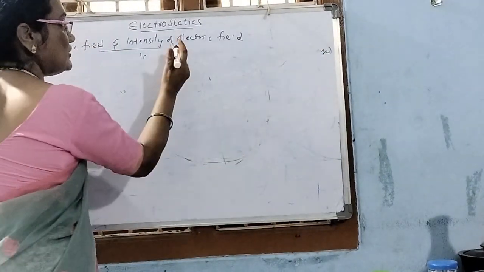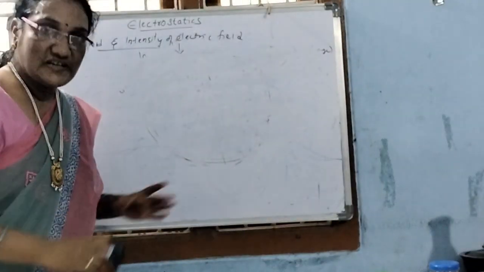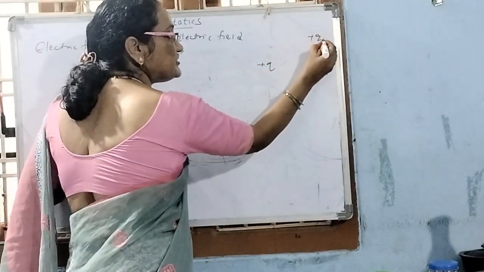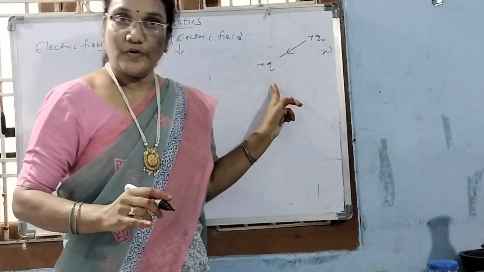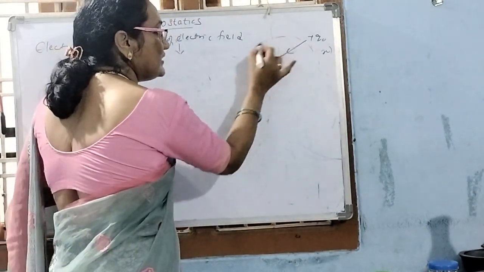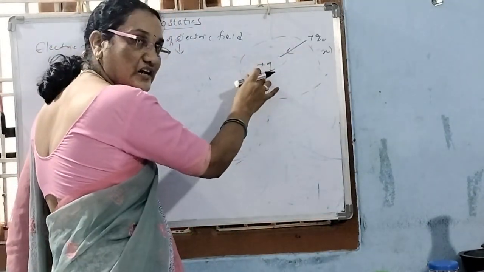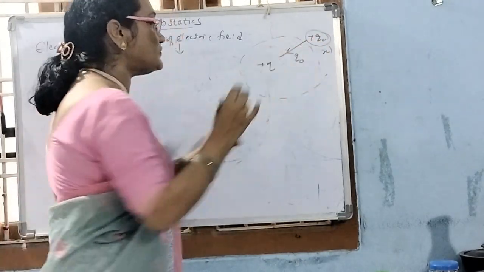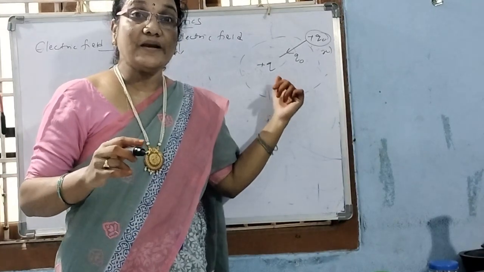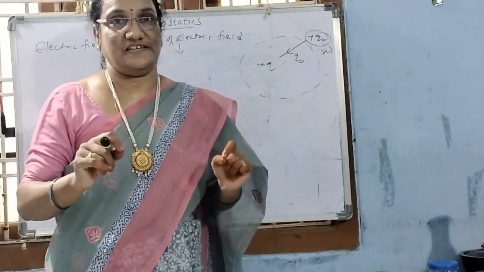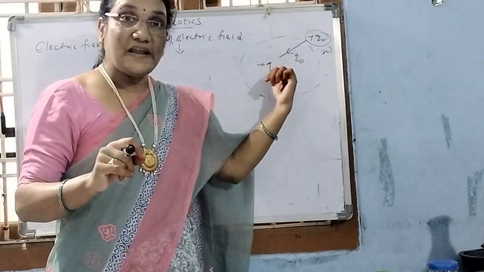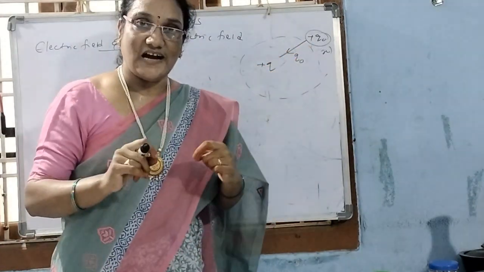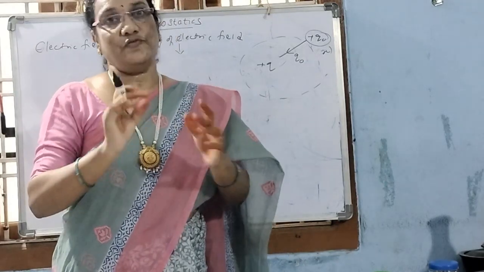Just now we discussed that when I bring a test charge towards the positive charge, and this test charge enters the region where plus Q's effect is present, then this test charge experiences a force.